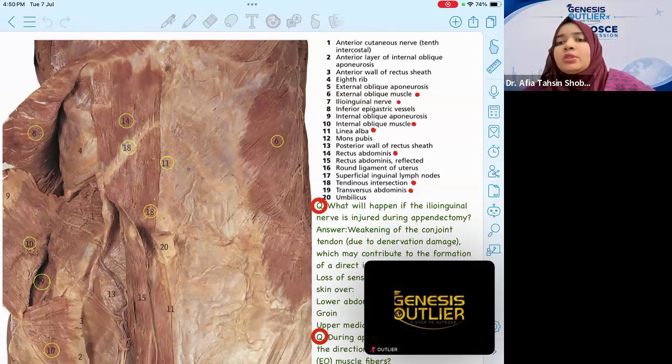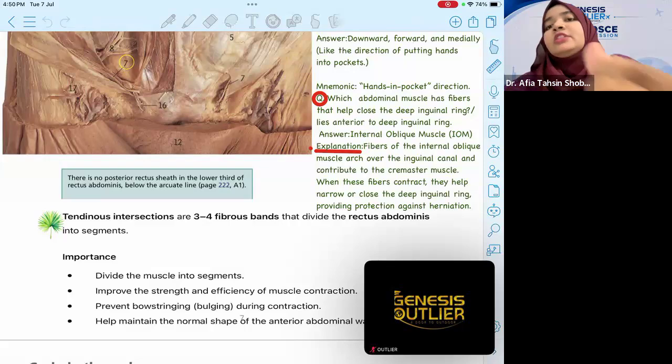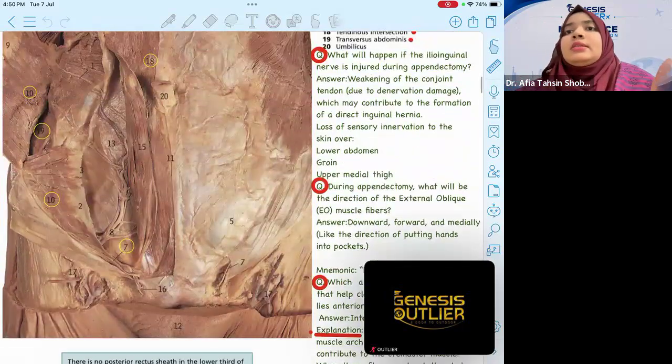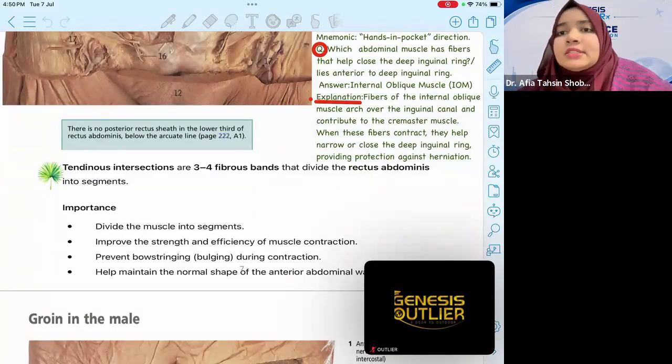So we should know the topic about tendinous insertion. In exam, they may ask about the importance of tendinous insertion. When you identify this structure, the tendinous insertion, they will ask you the next question, what's the importance? Its importance is it is dividing the muscle into segments, okay?